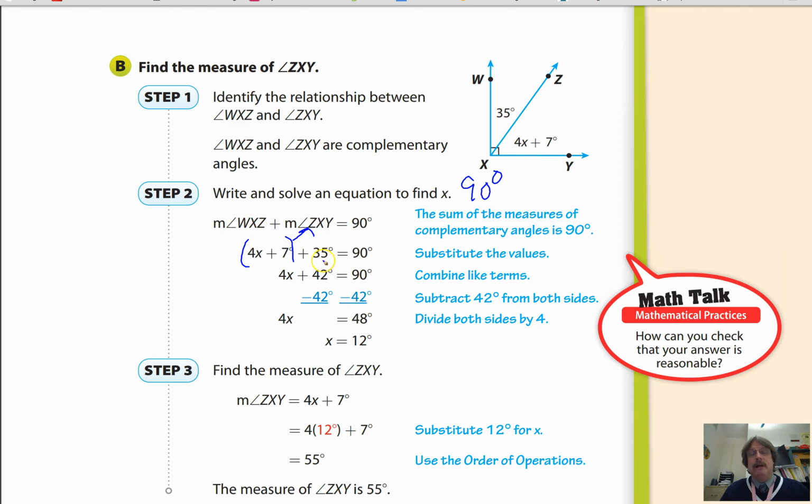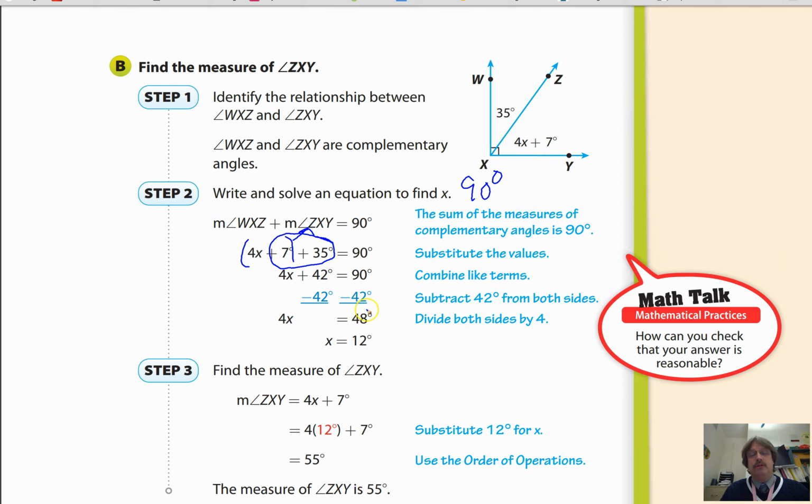We can use the associative property. So 4x plus 7 plus 35 equals 90. We can combine these two because they are like terms. So like terms coming back to us again. 7 plus 35 is 42. So we now have 4x plus 42 equals 90.